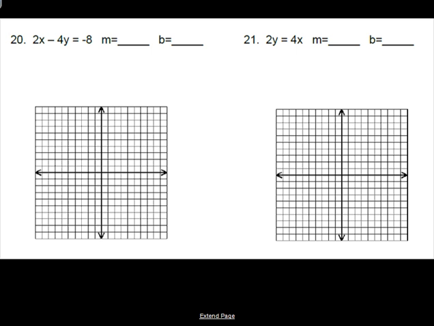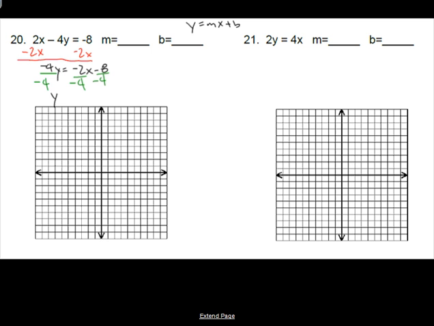Number 20 is similar to number 19. We do need to go and isolate our y, put it in the form of y equals mx plus b. So here I'm going to subtract 2x from both sides to start with. So I have negative 4y is equal to negative 2x minus 8. I now need to divide everything by negative 4.